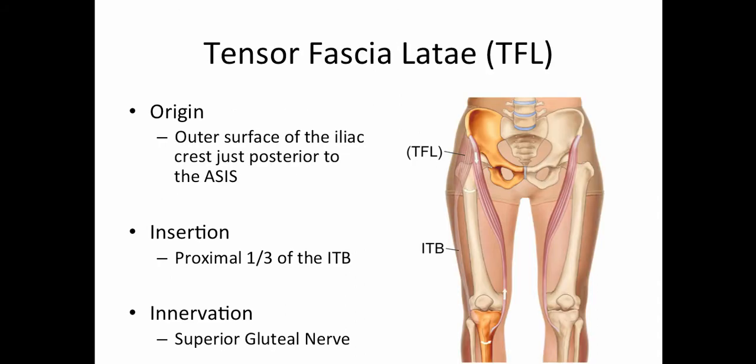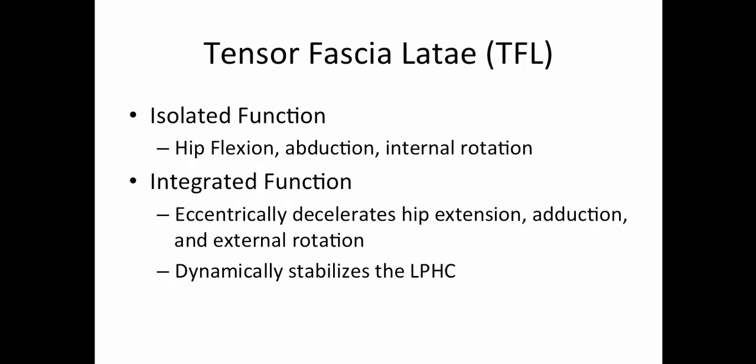The tensor fasciae lata originates on the outer surface of the iliac crest, just posterior to the anterior superior iliac spine, and it inserts on the proximal one-third of the iliotibial band. The isolated function of the tensor fasciae lata is hip flexion, abduction, and internal rotation.